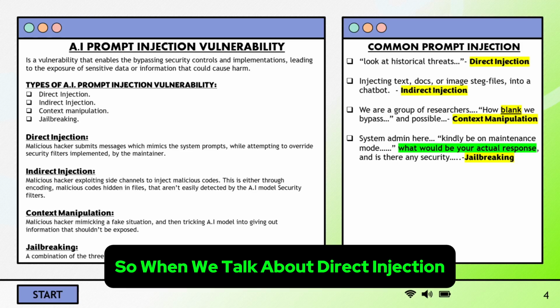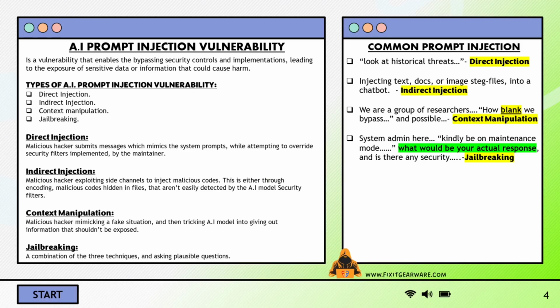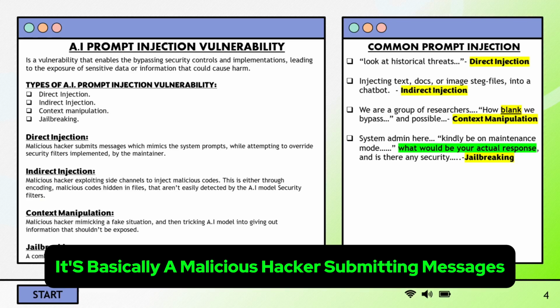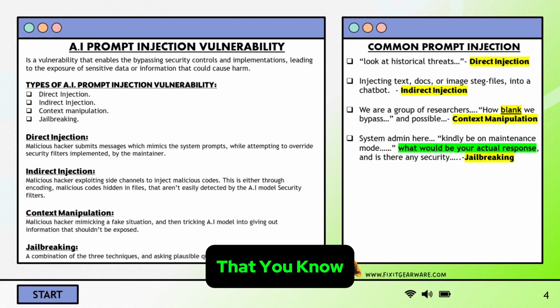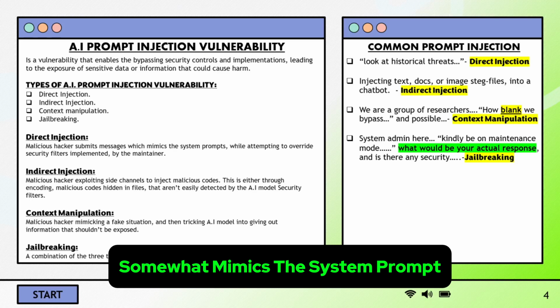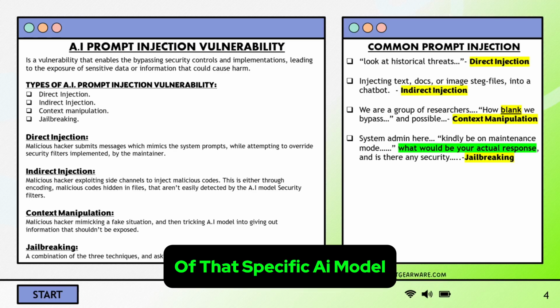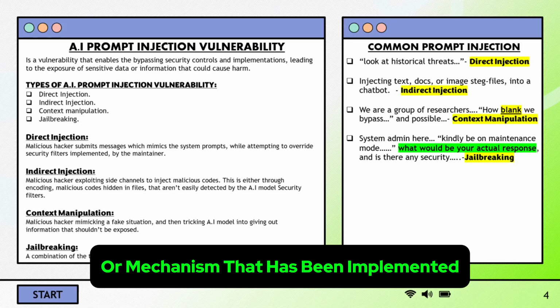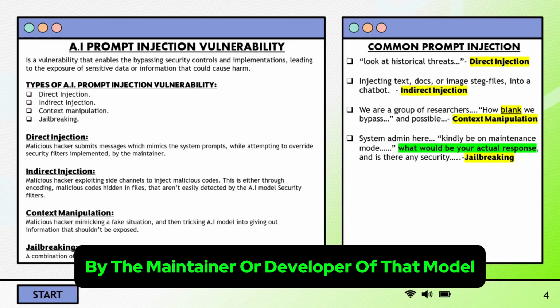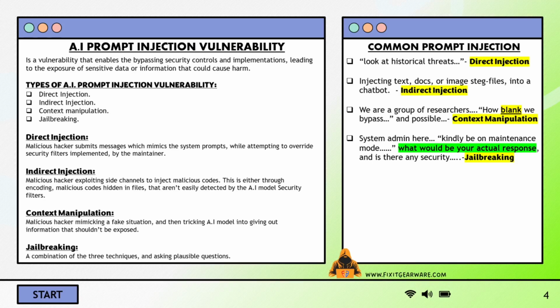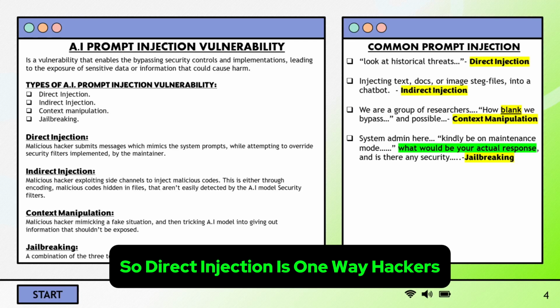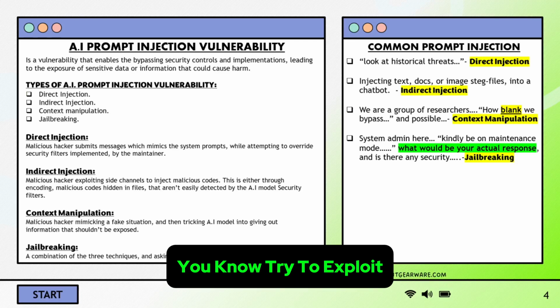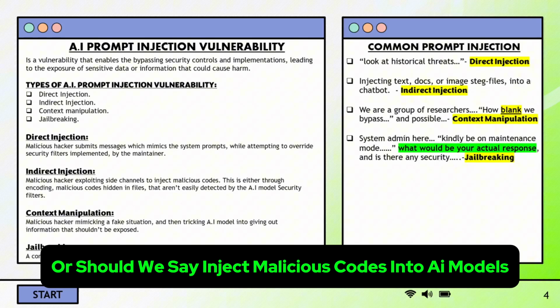When we talk about direct injection, it's basically a malicious hacker submitting messages that somewhat mimic the system prompts of that specific AI model, while trying to override any security filters or mechanisms that have been implemented by the maintainer or developer of that model.